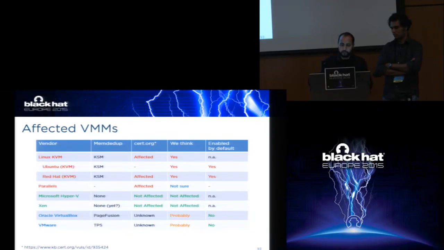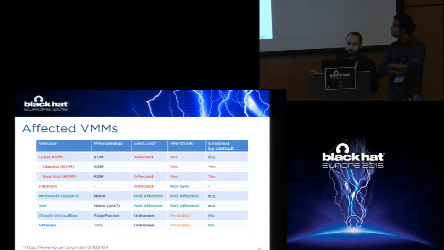So we also looked at which virtual machine monitor vendors are actually vulnerable. You see the memory deduplication implementation, or at least how the vendor calls it, in that column. We also have the vulnerability note from cert.org, where they try to assess which of these vendors are affected.